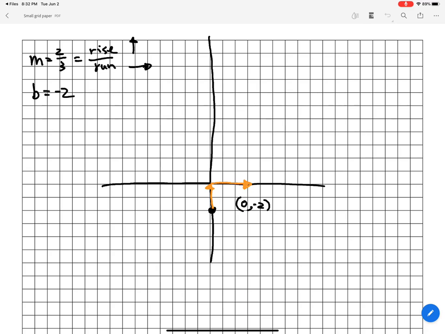That's where my next point is going to be. Once I get that point, in this case the point is (3, 0), all I have to do is connect the dots.